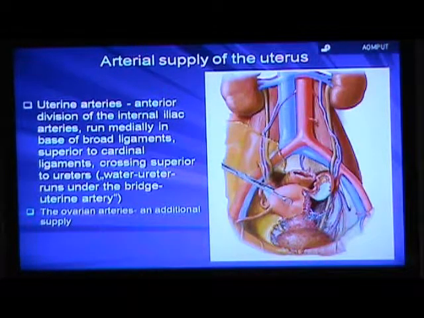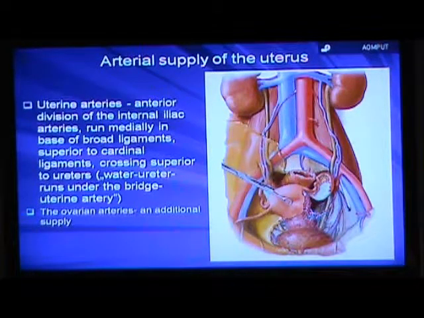superiorly the ureter. So I explain it, yes, now you have it, that the water is in the ureter, and the uterine artery is a bridge, so the artery passes over the ureter.